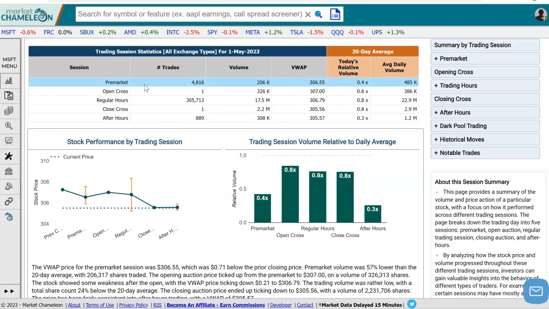And when we look at the pre-market session, that is stocks that are trading pre-market between 4 a.m. and 9:30 a.m. The markets can trade in pre-market hours. However, these are times when the stocks are less liquid, the spreads are wider, it's a little bit more dangerous to trade, and not everybody trades in the pre-market hours.